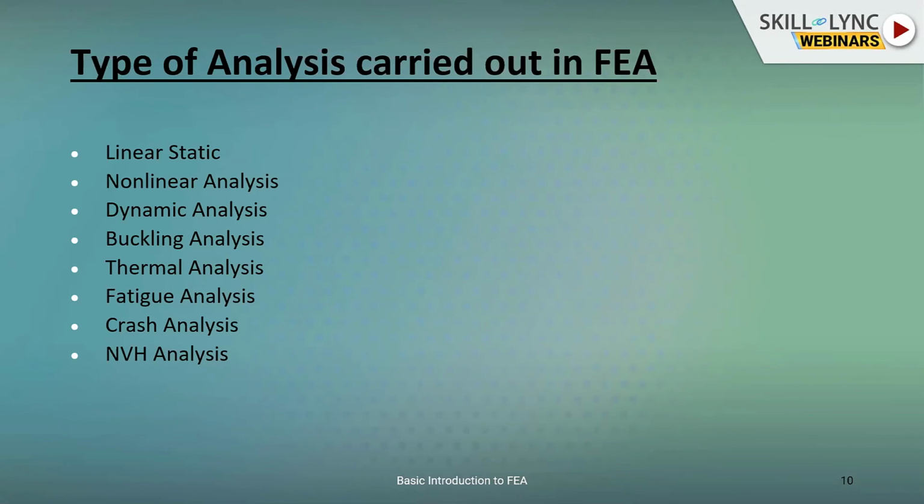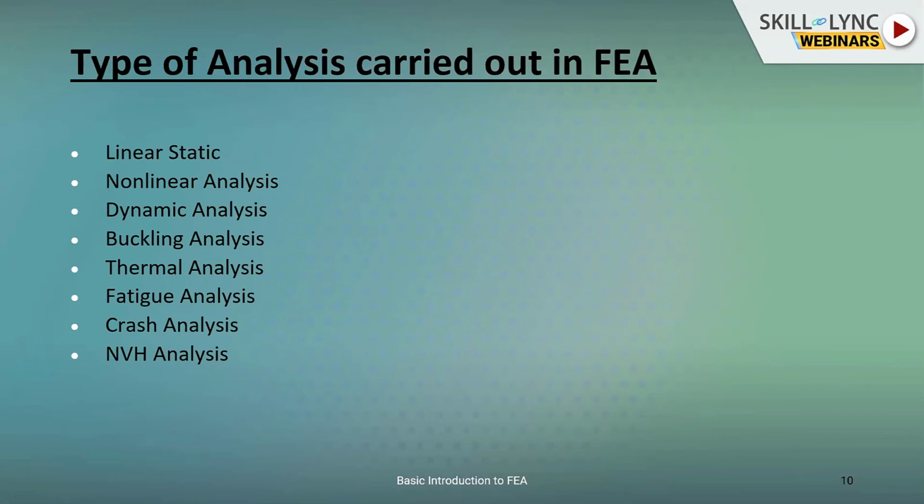It is non-linear. The geometry is going under large deformation, so we have to consider the geometrical non-linearities, the changing shape of the geometry, when we are doing the FEA. Here we also consider the nonlinear material properties.